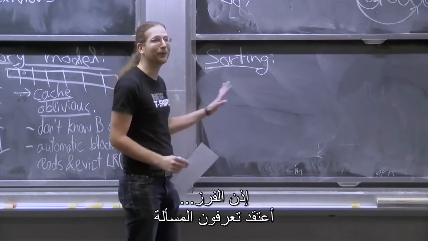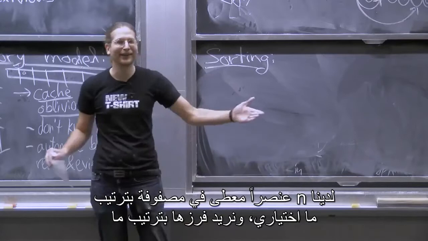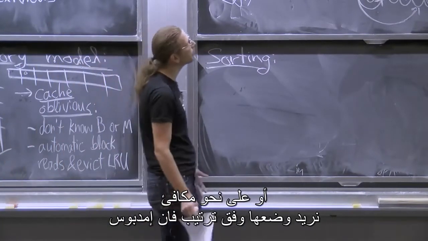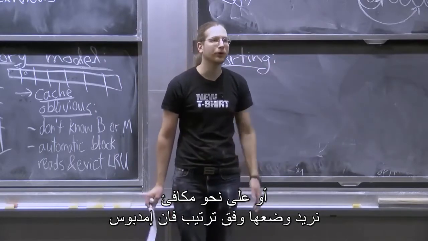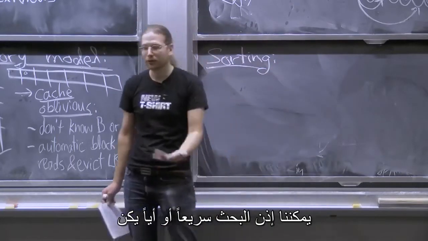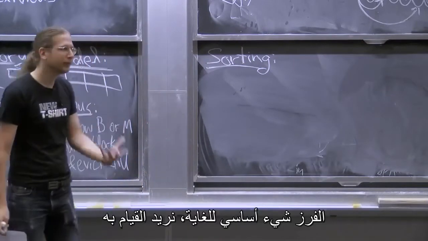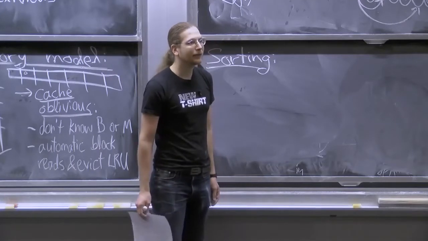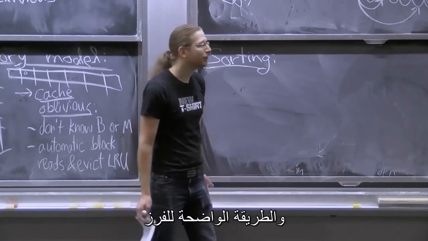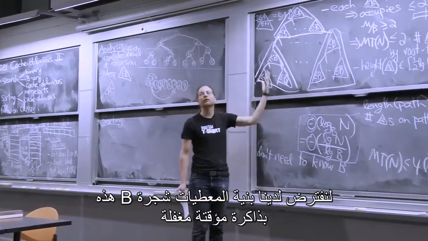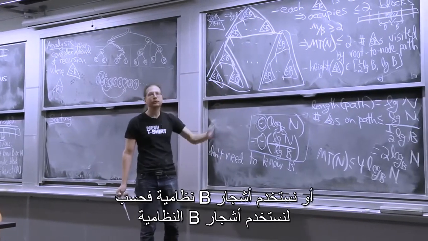So sorting, I think you know the problem. You're given n elements in an array in some arbitrary order. You want to put them into sorted order. Or equivalently, you want to put them into a van Emde Boas order. Once they're sorted, it's not too hard to transform into this order, so you can do search fast or whatever. Sorting is a very basic thing we like to do. And the obvious way to sort, let's pretend we have this B tree data structure, cache-oblivious even, or we just use regular B trees.